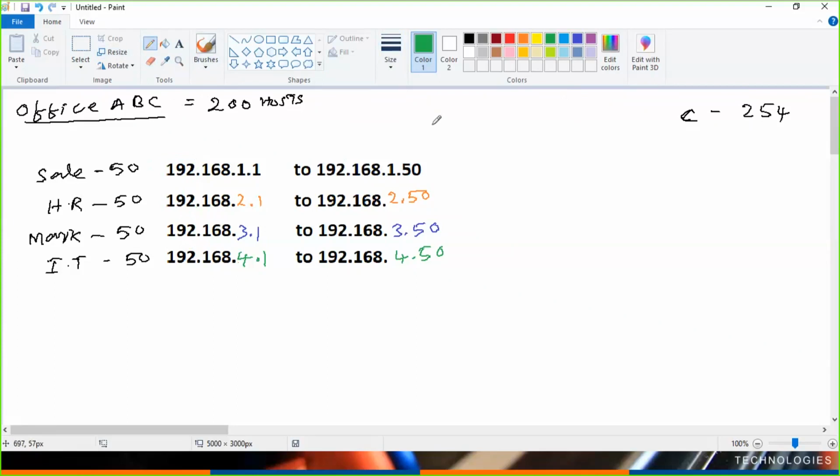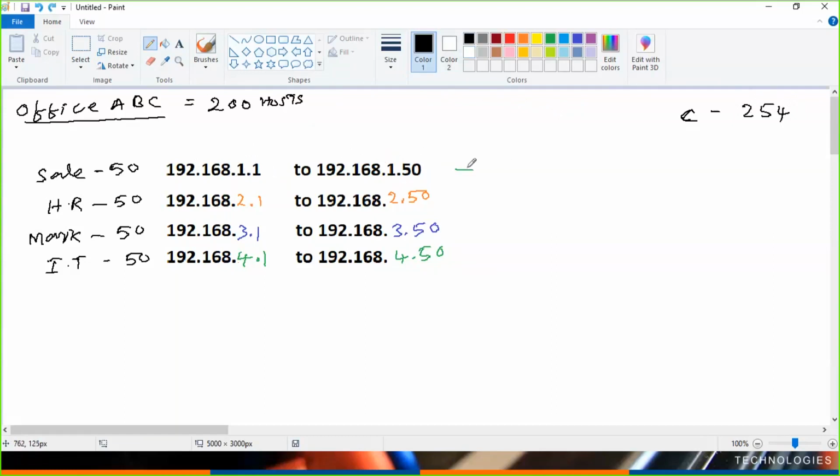My requirement is okay, but the problem is: for each class C network, how many IP addresses are available? 254 are available. Out of 254, how many IPs are used? 50 only, 1.1 to 1.50.